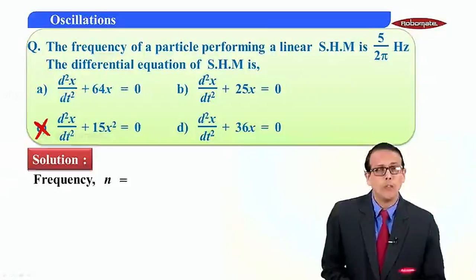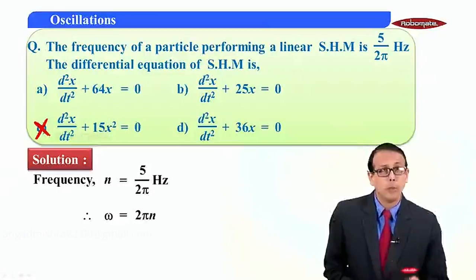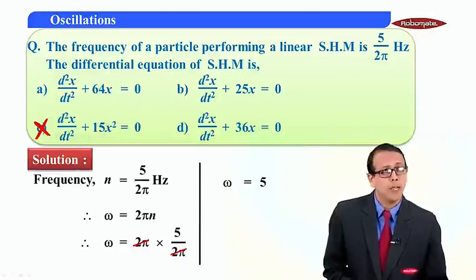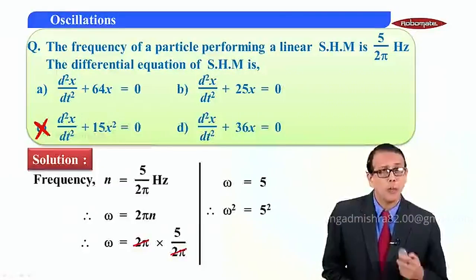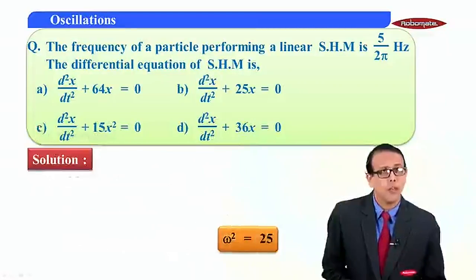So as we know, the given frequency is pi upon 2 pi hertz. Omega therefore becomes 2 pi n, which is 2 pi into, and the value of n is pi upon 2 pi. I cancel 2 pi, therefore students omega becomes pi. Squaring on both sides we get omega square is pi square, which is nothing but, yes, omega square is 25.